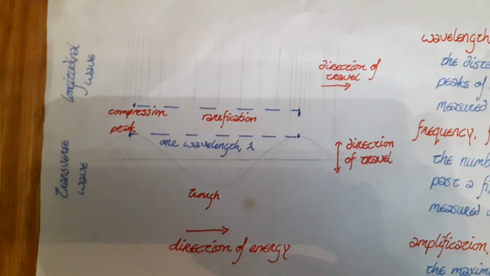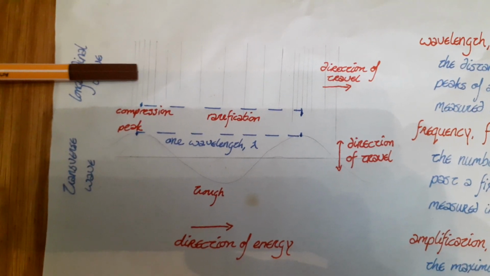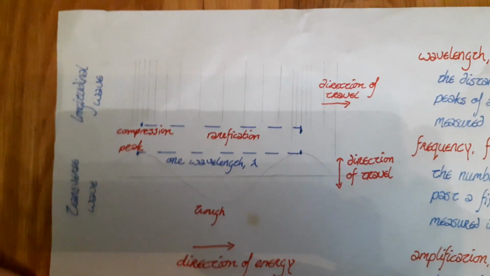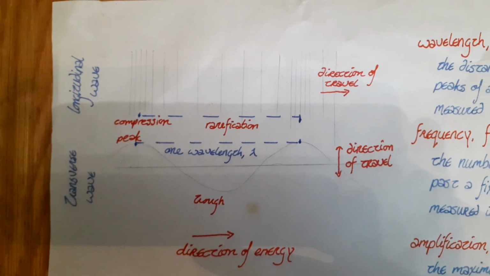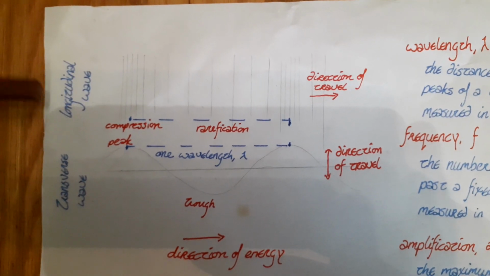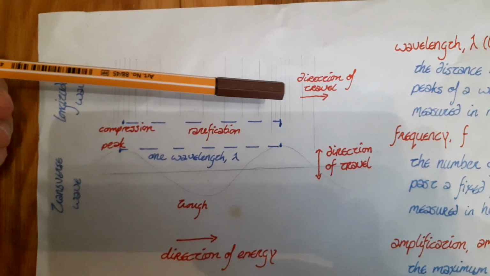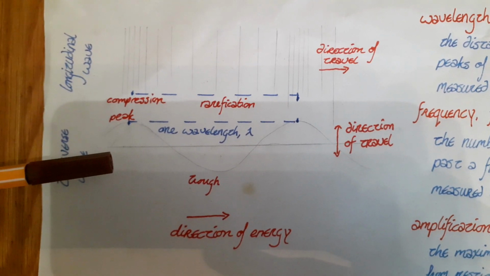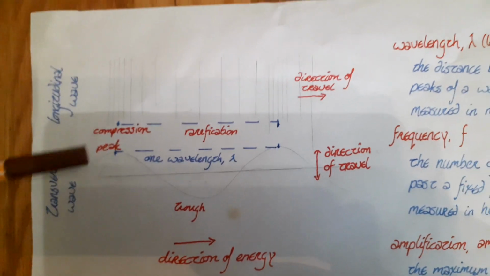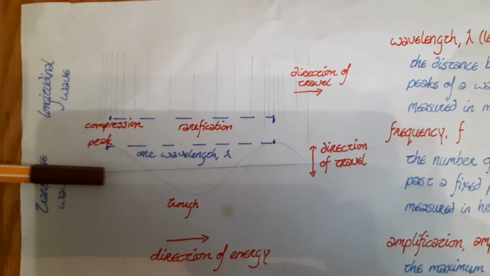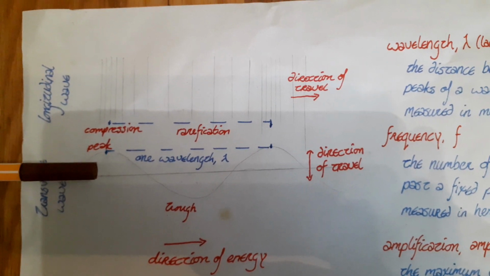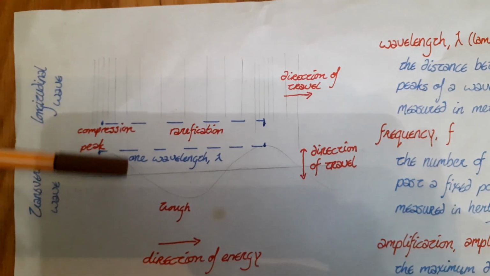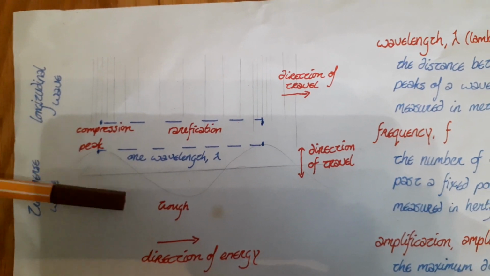So I've already said that longitudinal waves travel in the direction of the wave. The direction of travel is the same as the direction of the wave. The wave goes along. Transverse waves are a little bit different though. They are displaced, so they're traveling this way. So the information is going along here, but they're traveling up and down.